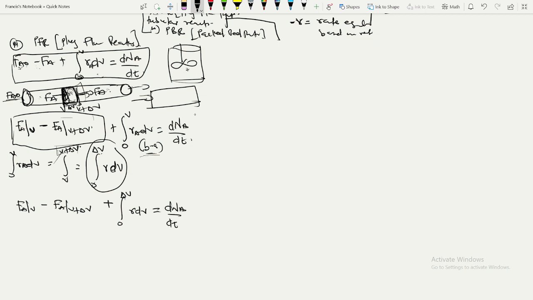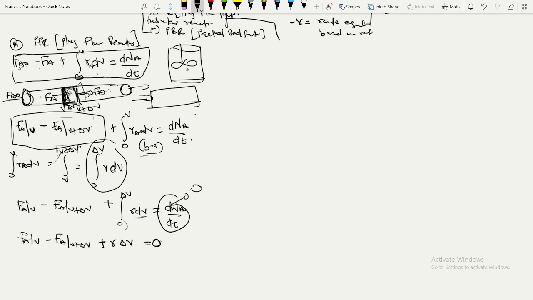Now, plug flow reactors are also a type of continuous reactor, so this part goes to 0. There is no accumulation. So we are left with FA entering at V minus FA at V plus change in V plus, and when we integrate this, we get R times change in V, because this part is 0, and this should be equal to 0.